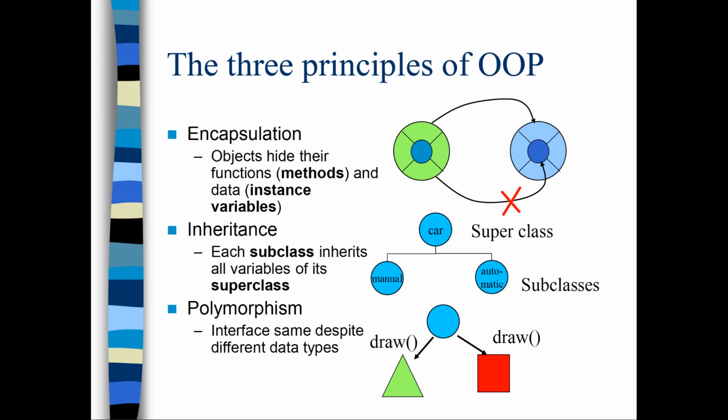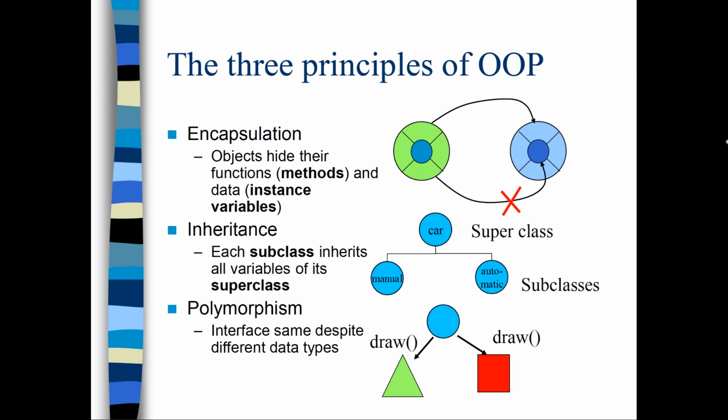Inheritance is nothing but each subclass inherits all variables of its superclass. So in Java, you have that facility to reuse the code of your previous parent classes. We are going to see what inheritance is and all the basics about Java in our succeeding lectures.